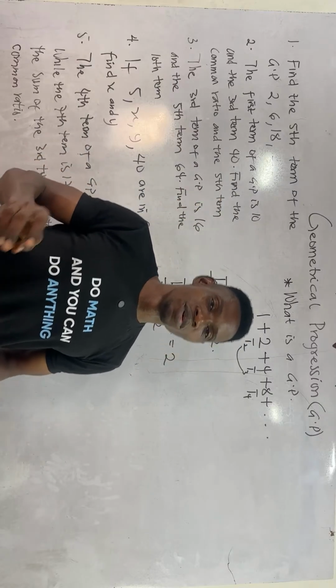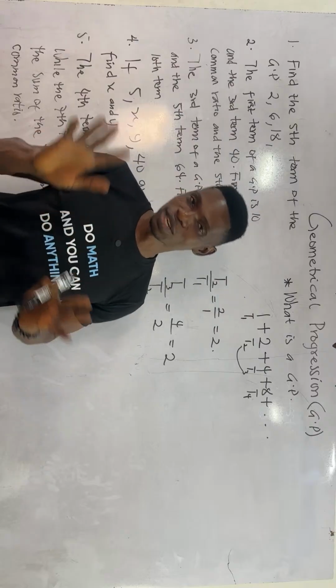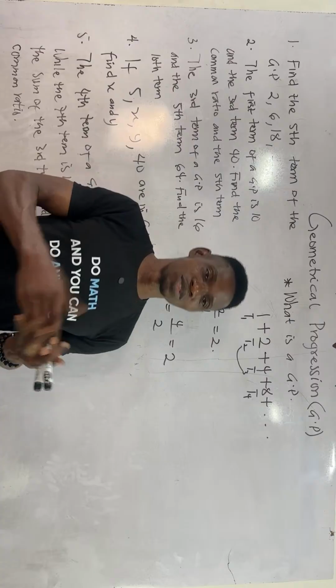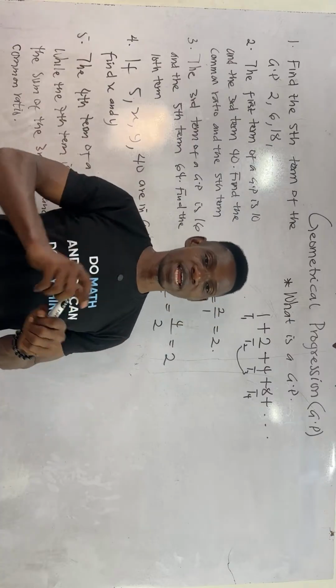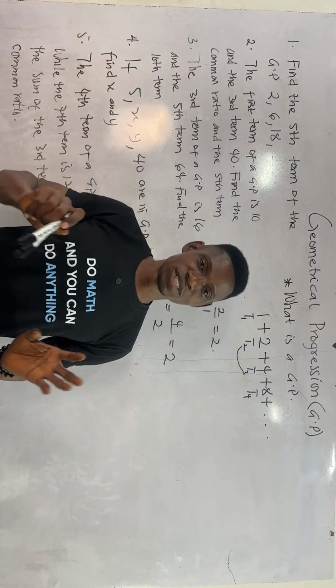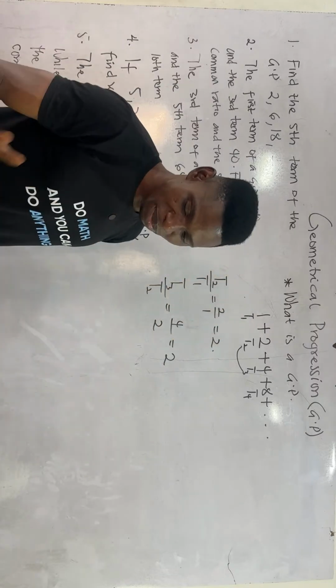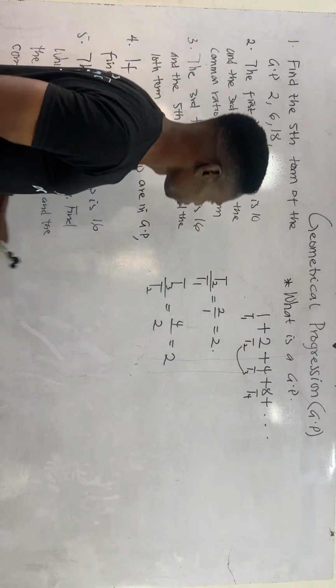Now, I will give you 3 series or sequences. So you will tell me, number 1 is geometrical progression, number 2 is not geometrical. So you tell me whether it is geometrical or it is not geometrical. I'm giving you 3 series or sequences, and I'm expecting your answers.